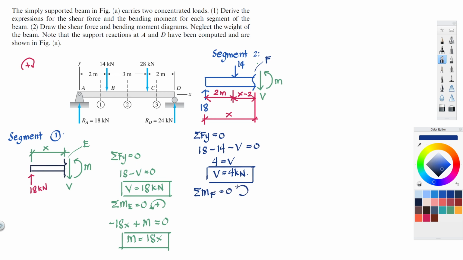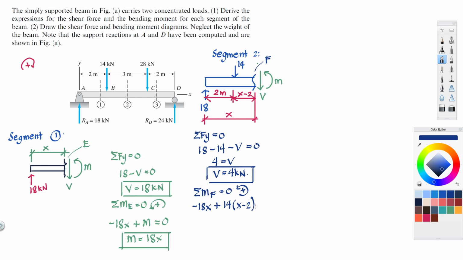So, this time, counterclockwise yung ating positive. So, from here, nag-take tayo ng moment dito. So, we can have it as negative 18, and then that distance from 18 kilonewton load papunta dun sa cutting section is x. So, you can have it as x. And yung 14, it will create now a positive rotation about point F. So, pag ganun siya, I will be having here plus 14, and then that is x minus 2.